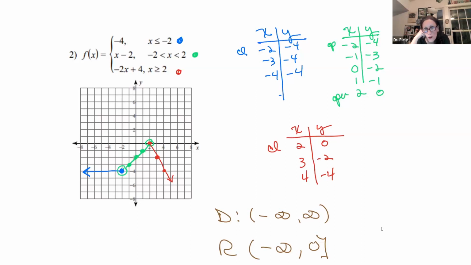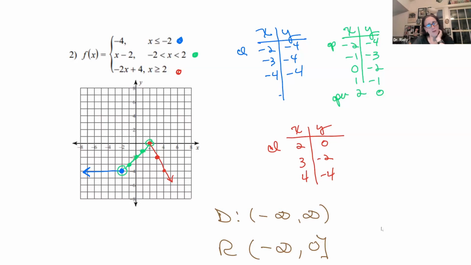If they were both closed, then you couldn't do that. But that's how you represent it. Put the open circle around the closed, and then you can see which one's open and which one is closed. Your domain ends up being all real numbers, but your range can't get any higher than 0.